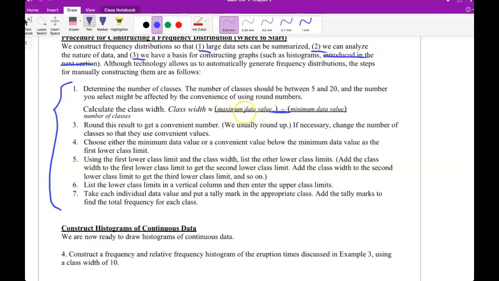On top we have maximum data value minus minimum data value divided by number of classes. So this is how we can find a class width.